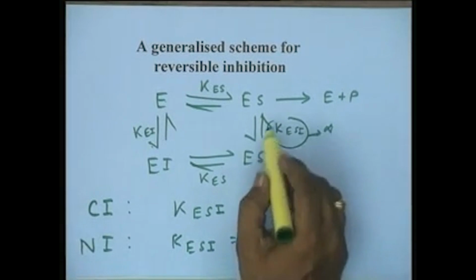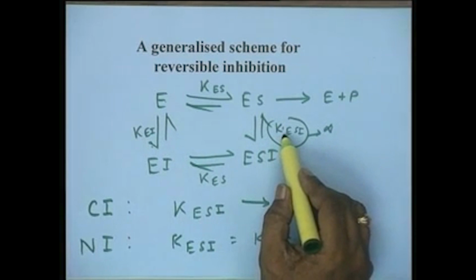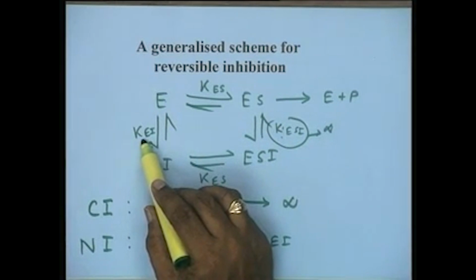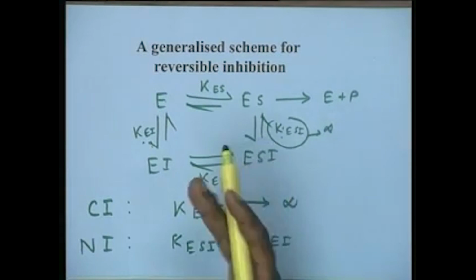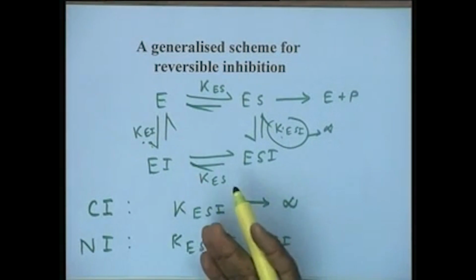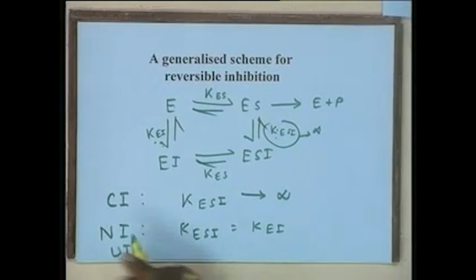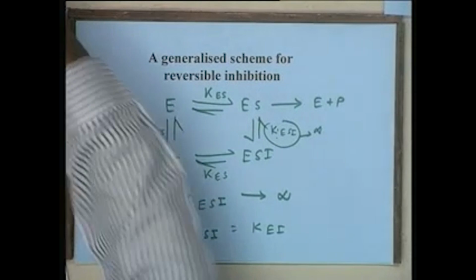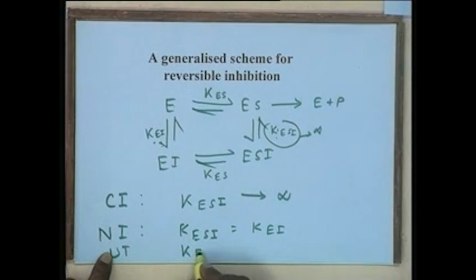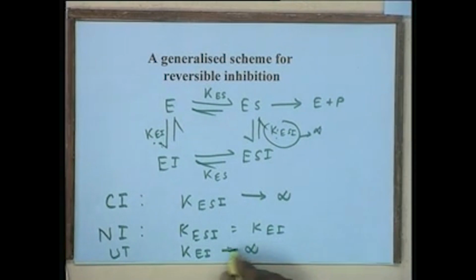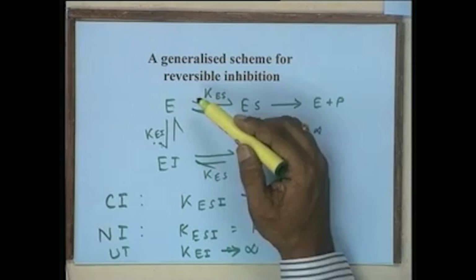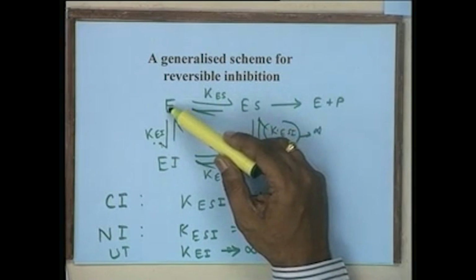That means these two dissociation constants are identical, and in the case of a mixed inhibition, they are different by a factor alpha, and in the case of an uncompetitive inhibition, the magnitude of KEI tends to infinity. That means the inhibitor cannot bind to the free enzyme.